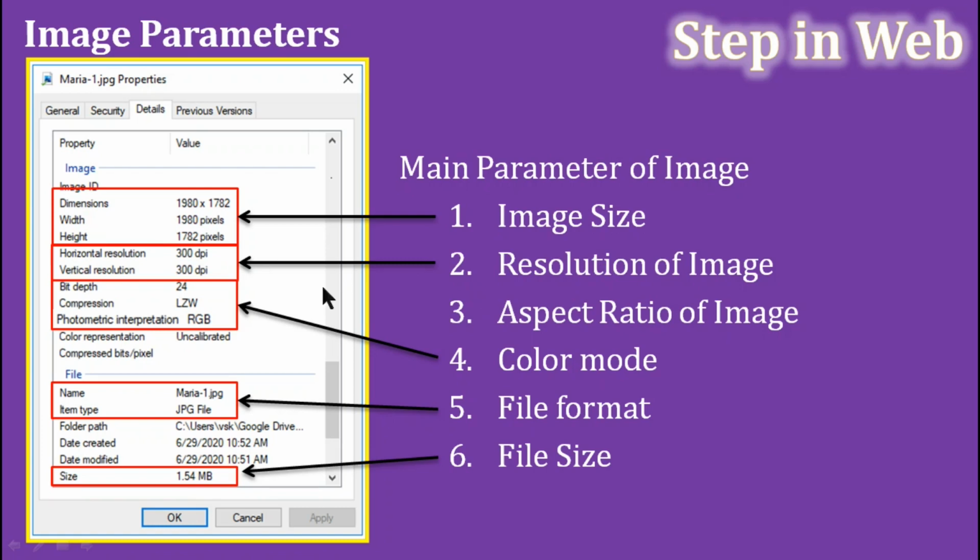The resolution is 300 dpi, the color mode is RGB, a red green blue pattern, with 24-bit depth, the file format is JPG, and the file size is 1.54 MB. Only these parameters we are going to look at in this video tutorial.